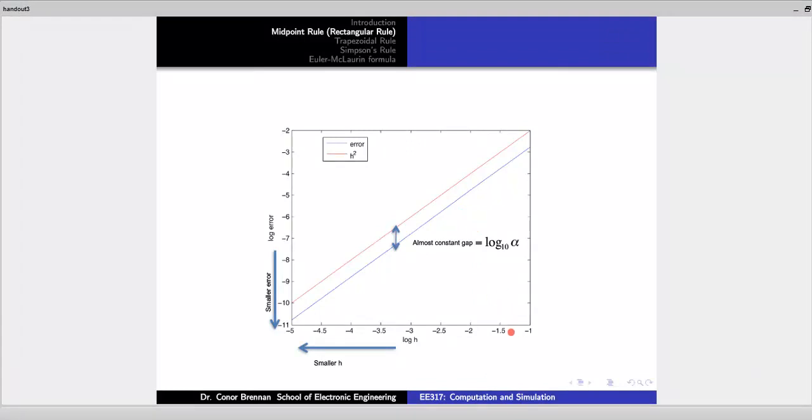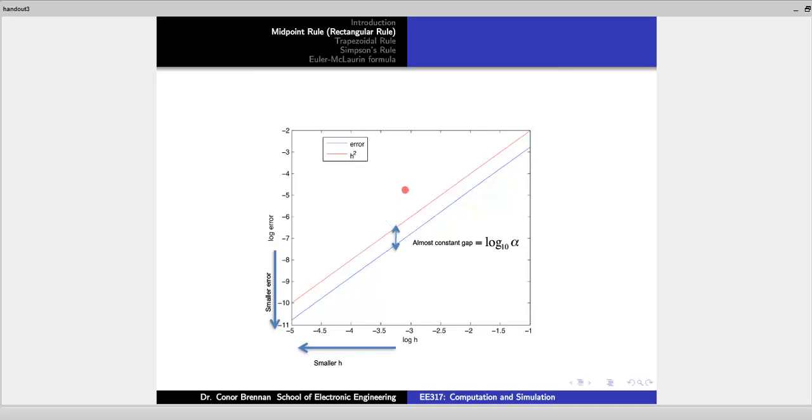And we see this is the case. As h gets smaller, our error gets smaller and smaller and smaller, and it goes in a way according to our error analysis. As h gets 10 times smaller, it scales just like h squared. It's always equal to h squared minus some offset.